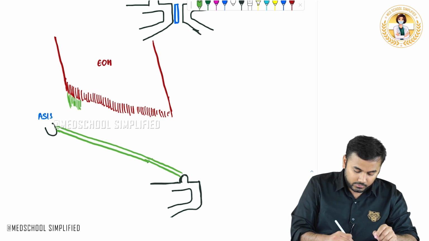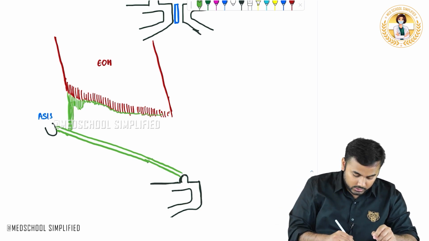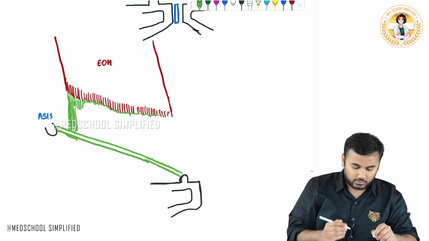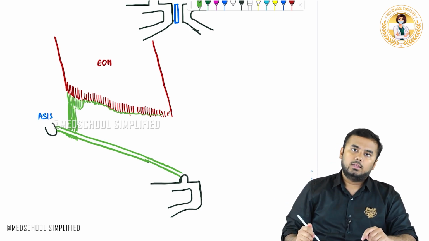You see, this aponeurosis is in continuation with the external oblique, and it is coming down and folding inward like this. It comes down and folds inward, and that forms your inguinal ligament.